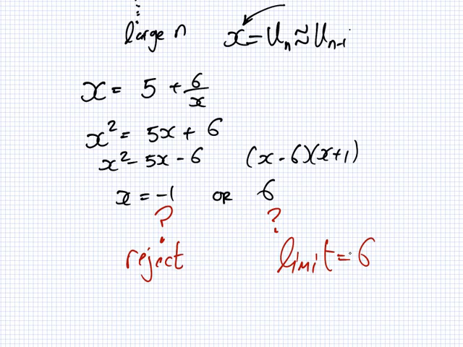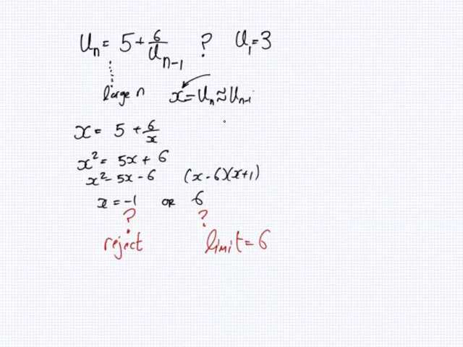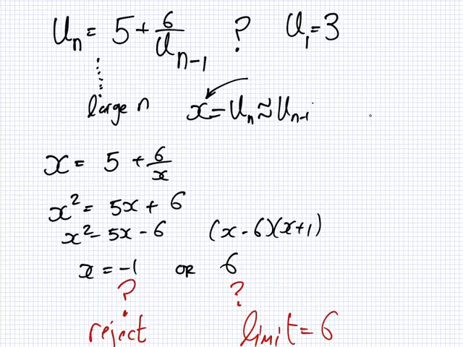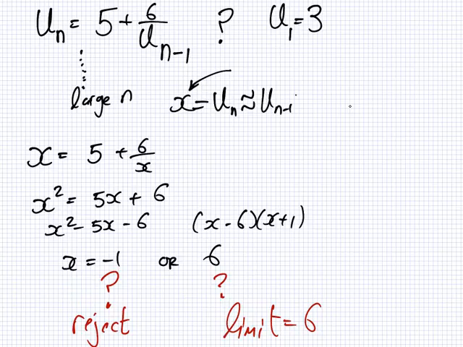So what about the minus 1? Is it totally wrong, or does anyone have any ideas about the minus 1, how it could make sense? Well, the minus 1 is a possible answer. It depends on what you take as the first term. So watch this. This is actually interesting.